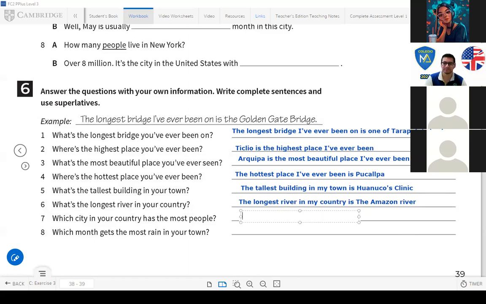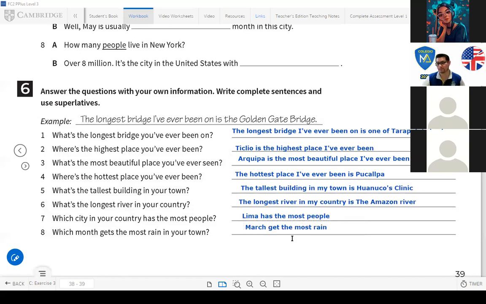I think Lima has the most people, no? Which month gets the most rain in your town? I think February, right? Or March, or January. March, no? March gets the most rain.